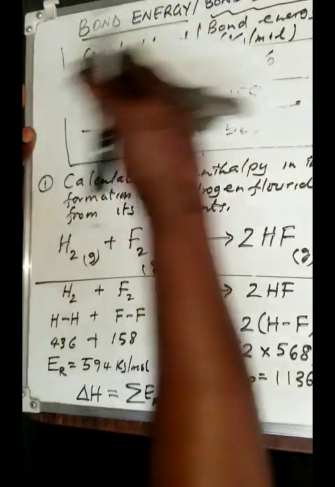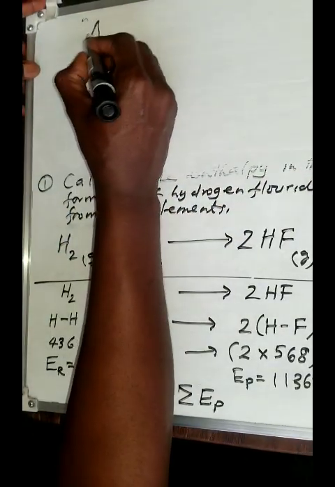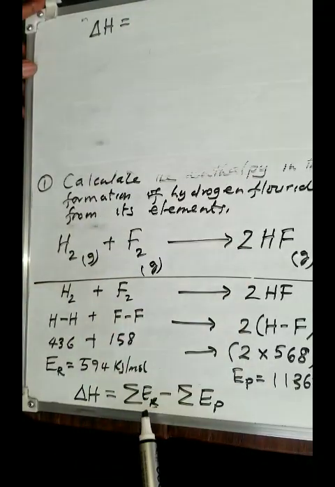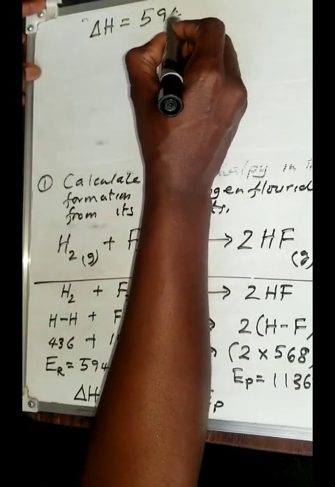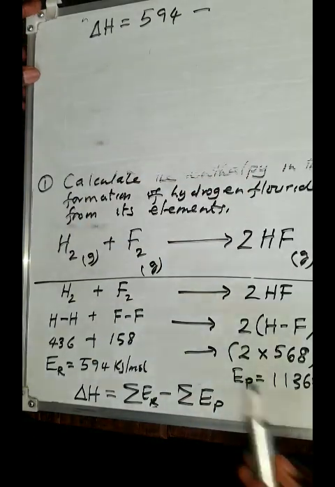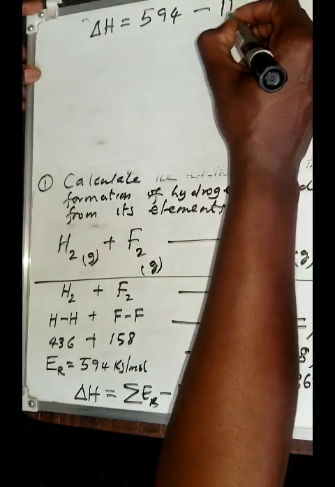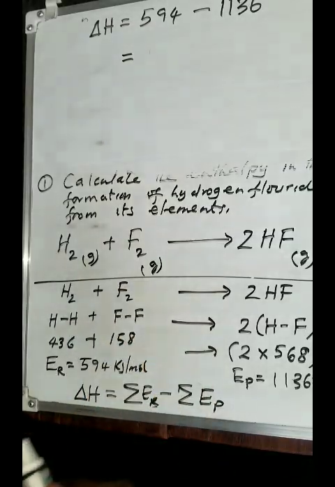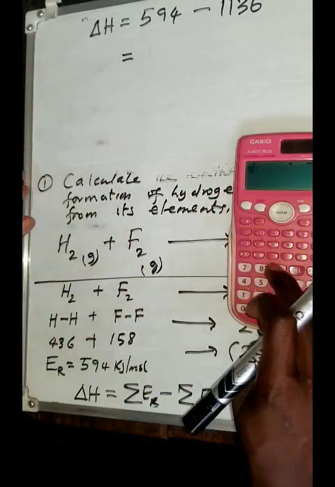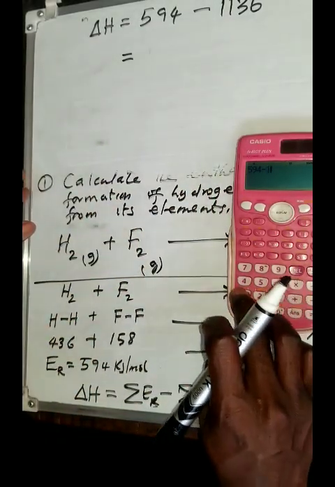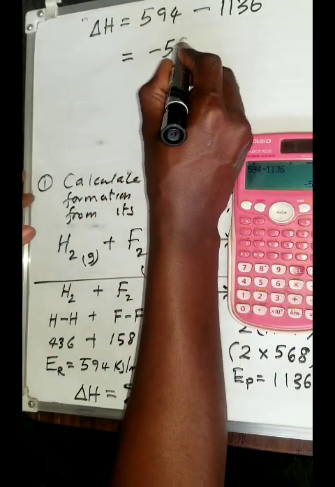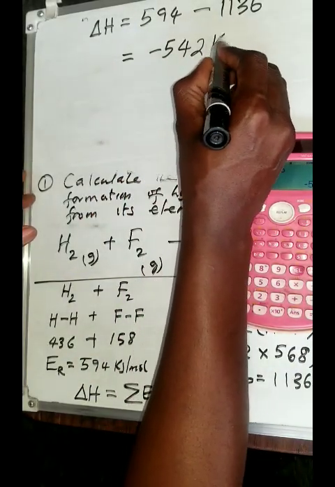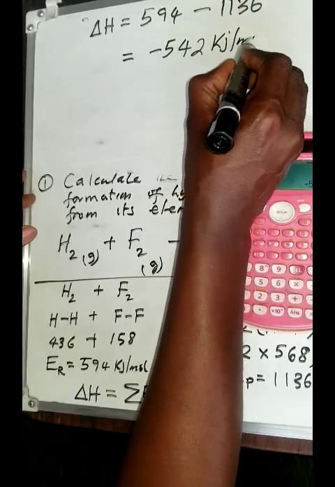So what's the summation of the energy of the reactants? It is simply 594 minus that of the products, 1136. If you subtract 594 minus 1136, it gives you negative 542. And remember, this is kilojoules per mole.